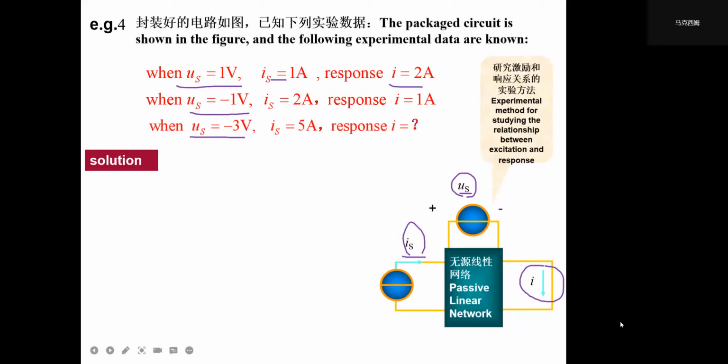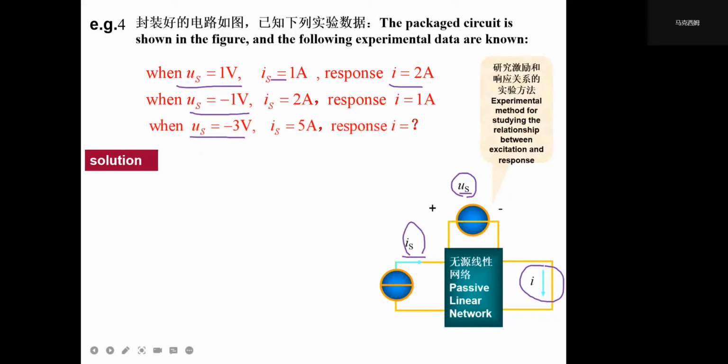So this is a very typical experimental method for studying the relationship between the excitation and response. If you have a network which is very complex and we don't know what happens inside, we want to know its behavior when we add some stimuli onto it.